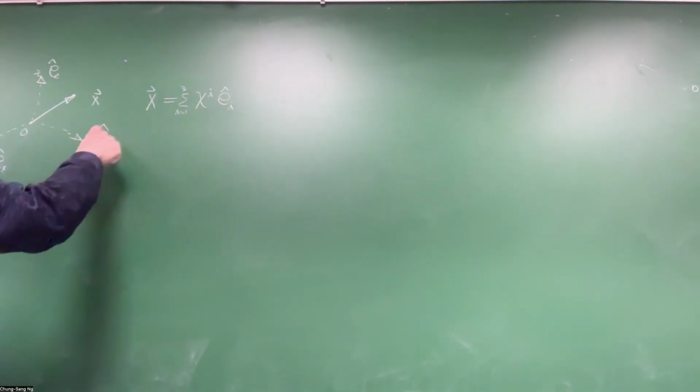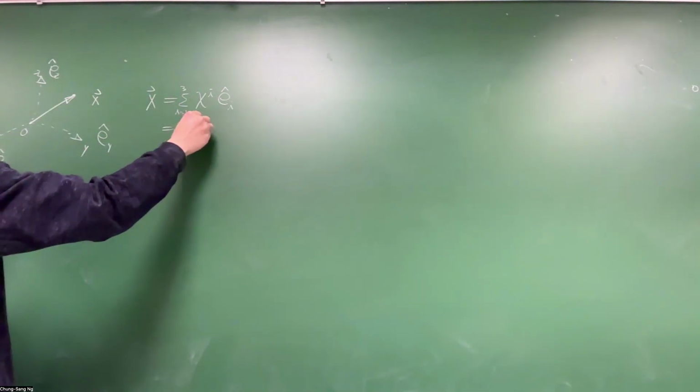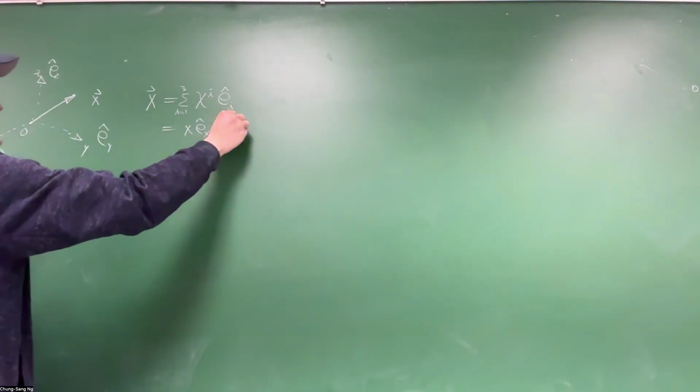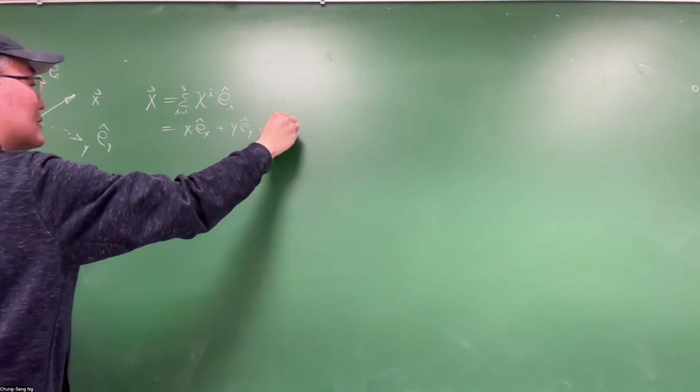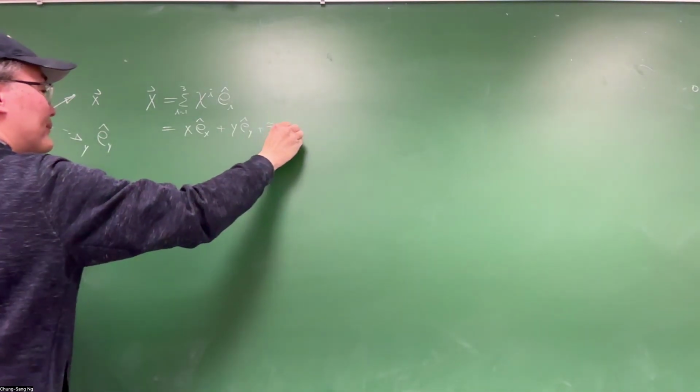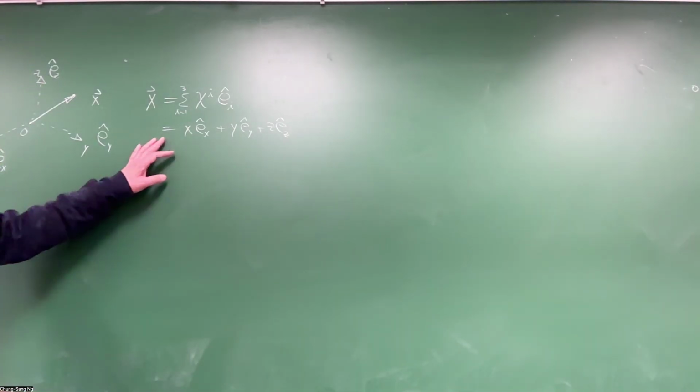The x^1 is X, x^2 is Y, x^3 is Z, so it's X, Y, Z. So you write explicitly X e_X, Y e_Y. That's easy. So that is how we describe a vector.